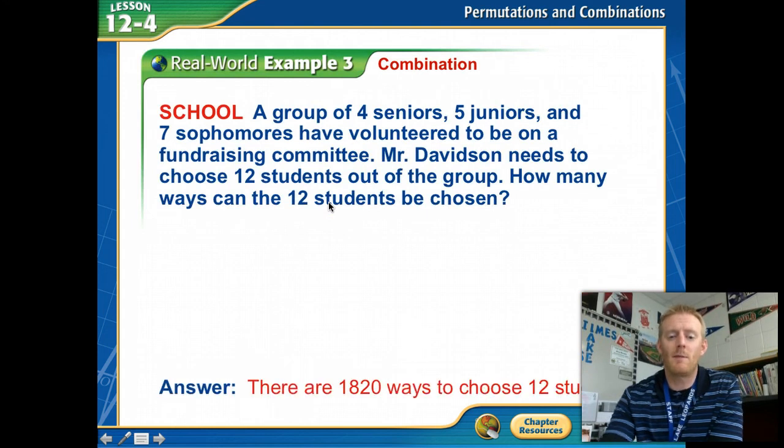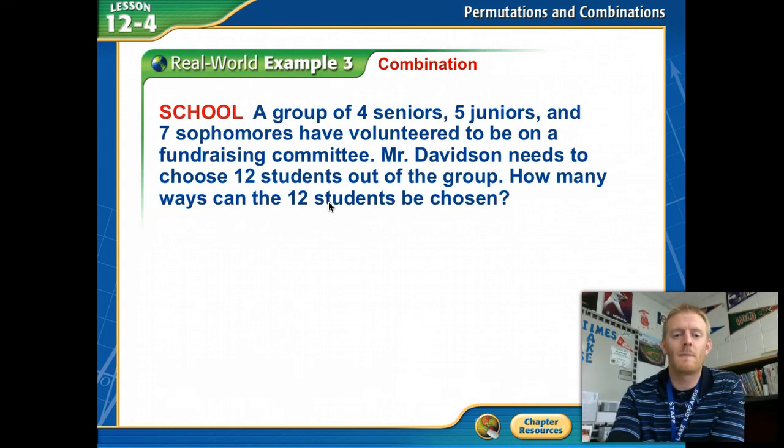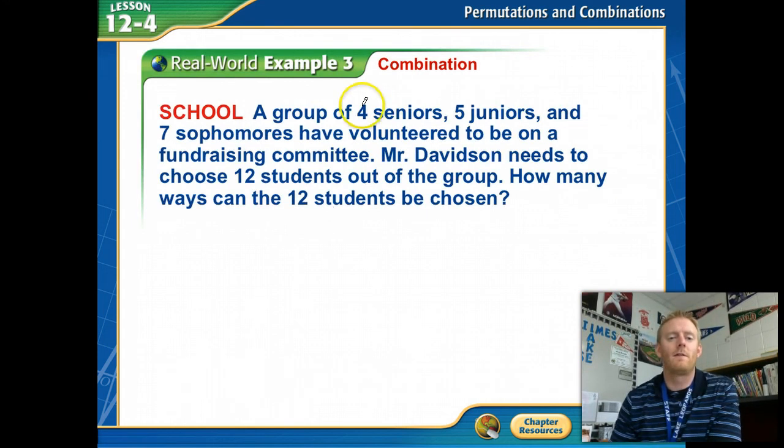So here's our example. Whoopsies. So if we have 4, 5, 7, that is a total of 16. So I'm going to use that formula where I have n factorial will be my 16.